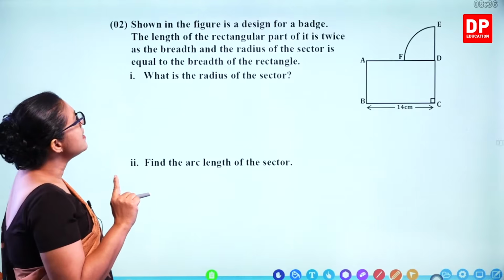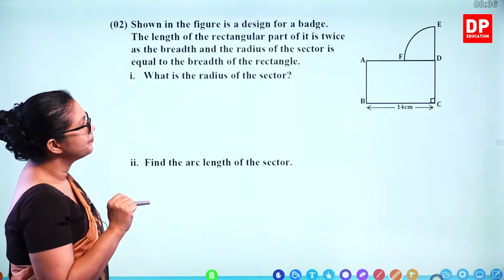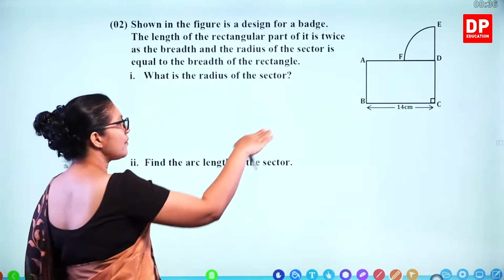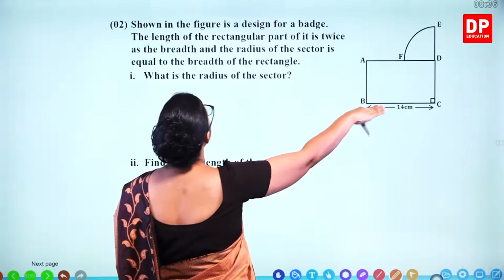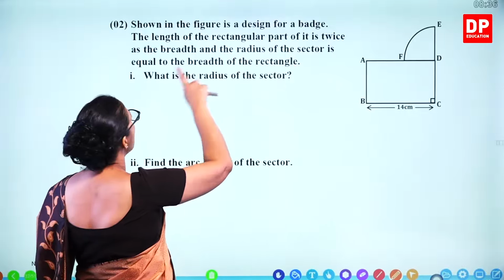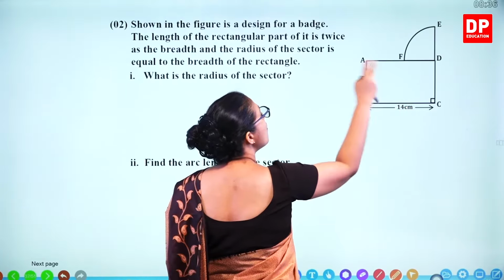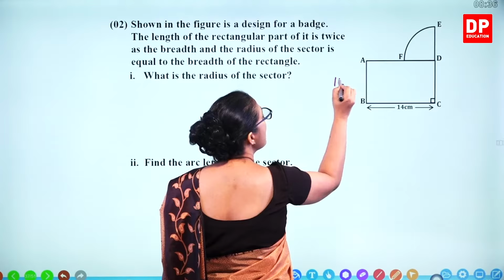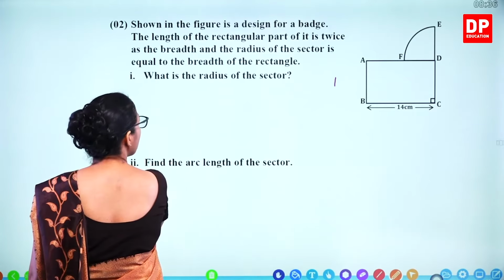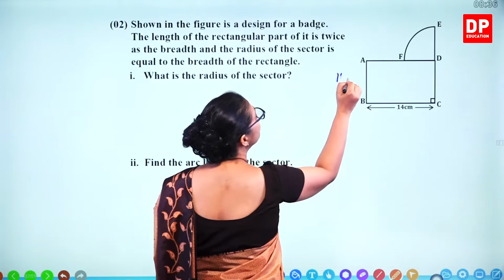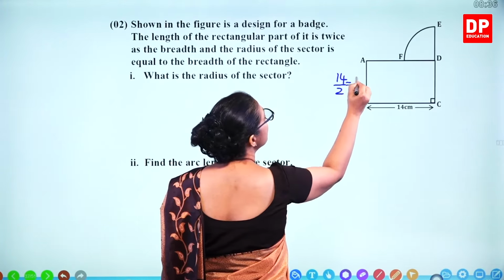What is the radius of the sector? How will you find out? It says the length is twice the breadth. If the length is 14, what is the breadth? 14 divided by 2.